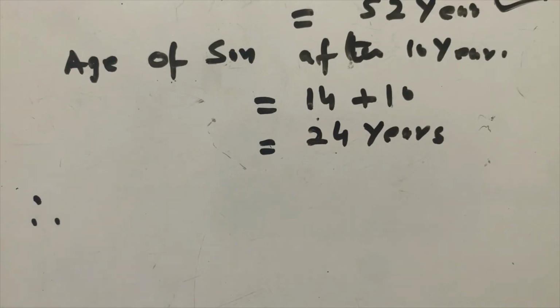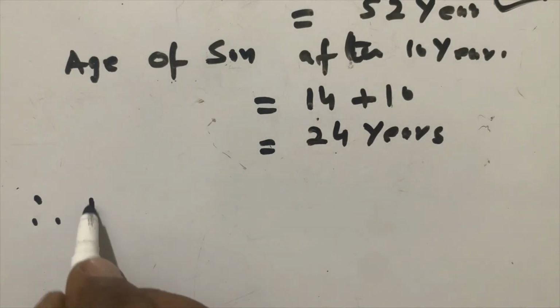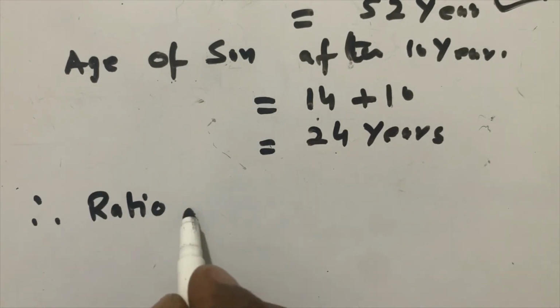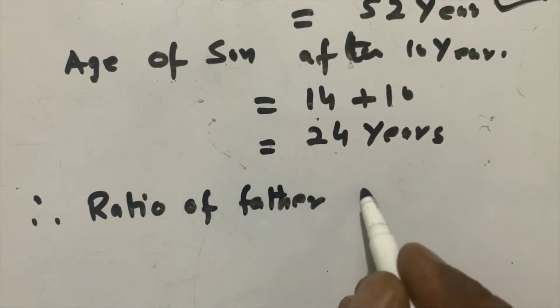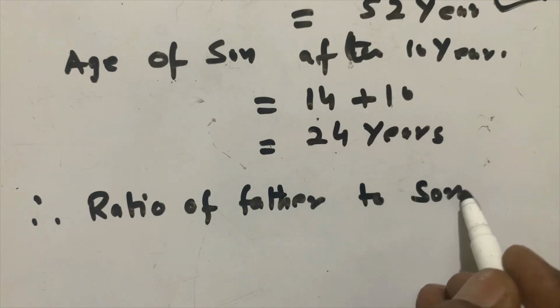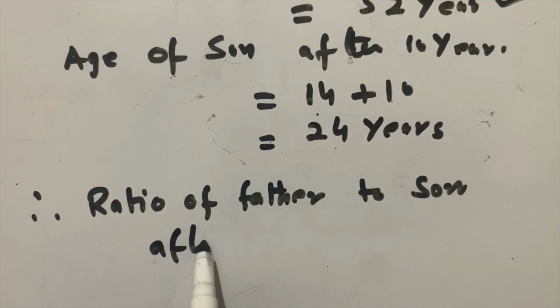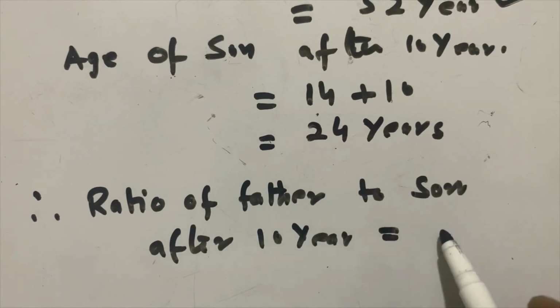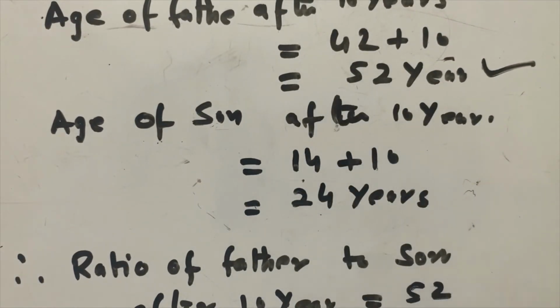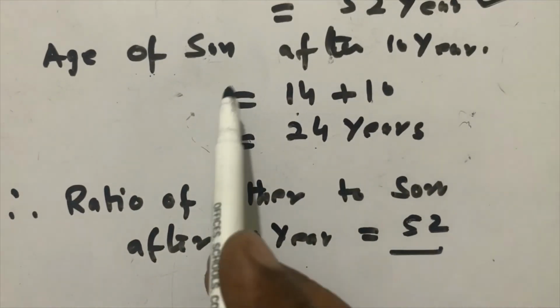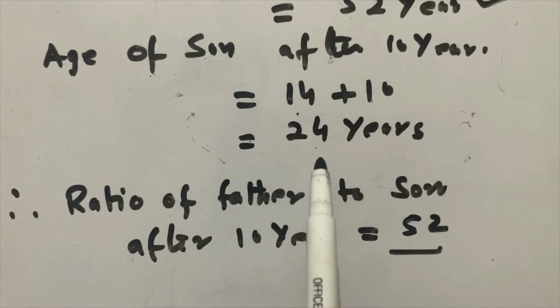Therefore, ratio of father to son after 10 years is equal to age of father after 10 years, 52 years, and age of son after 10 years, 24 years.